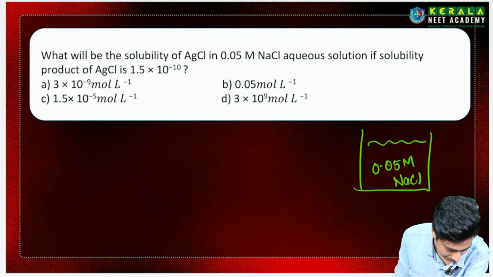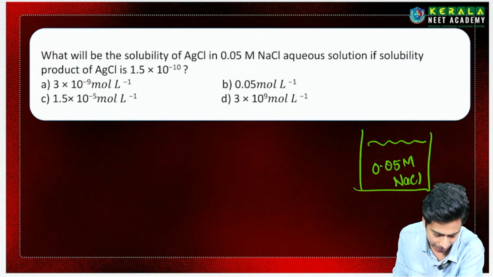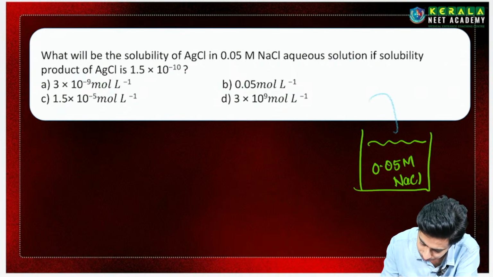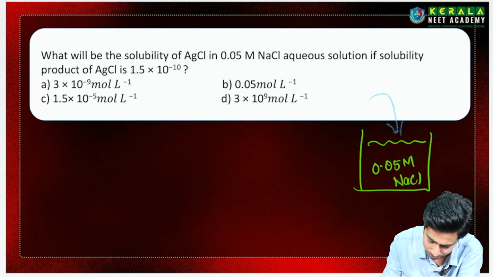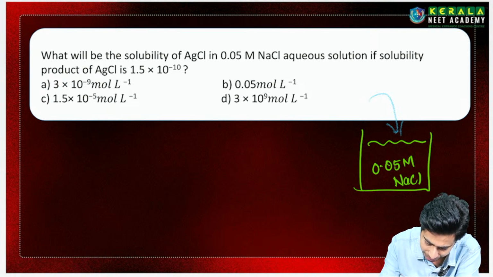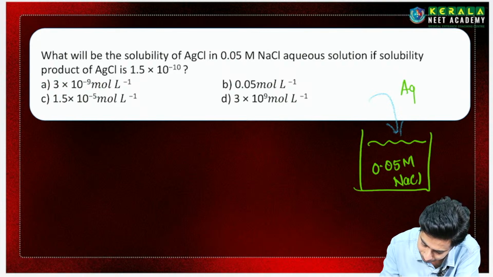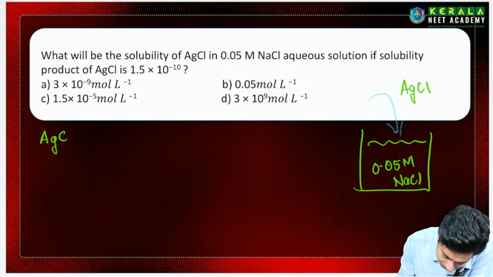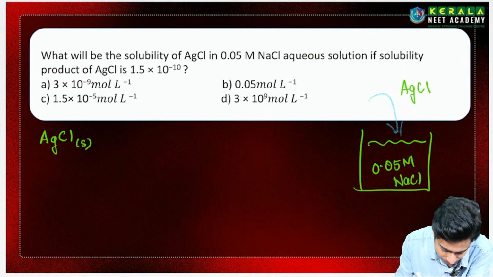I think 2.42 will be correct for the soft drink, but we have to check that one. Anyhow, we'll complete this question first. Here, we are adding AgCl, and you know that AgCl is a sparingly soluble salt.